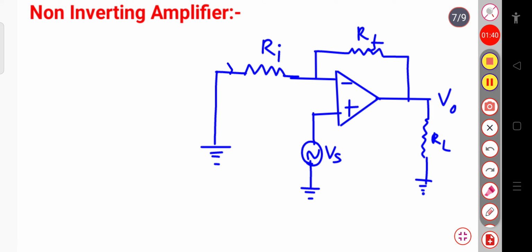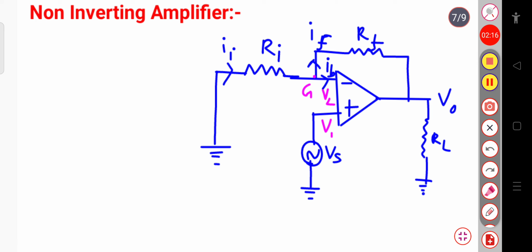So suppose the current I is flowing here, this is your input current, and here the current will be IF, that is your feedback current, and across this op-amp, suppose the current is I, let me write B, and this junction point, suppose this point is G. Here the voltage at the inverting terminal is suppose V2, and for the V plus, that is the non-inverting terminal, suppose the voltage is V1.